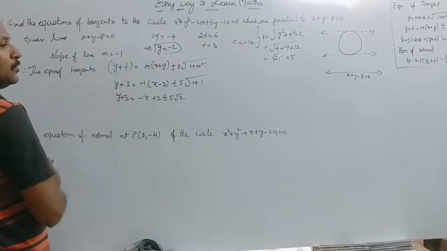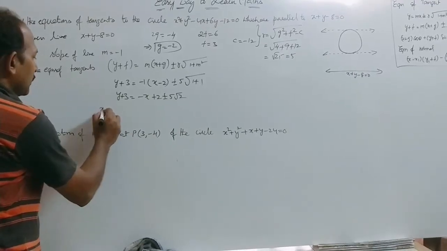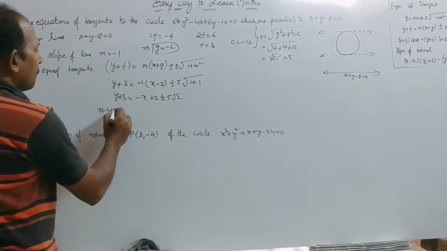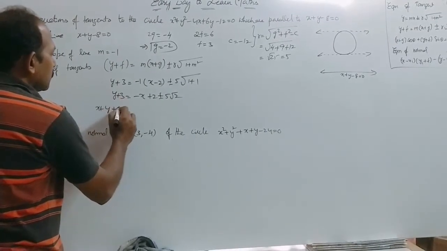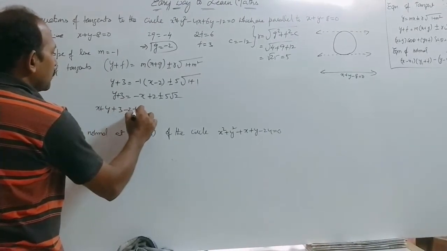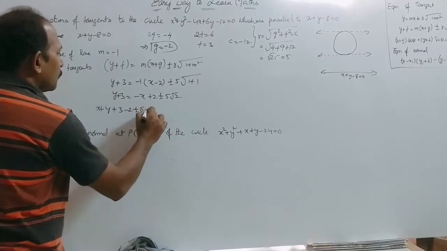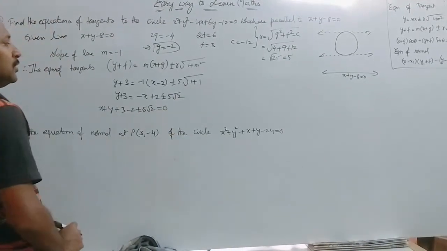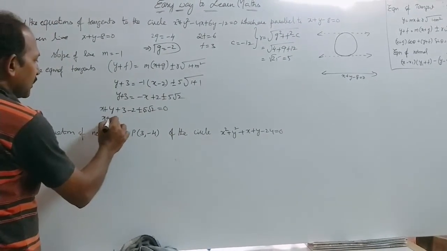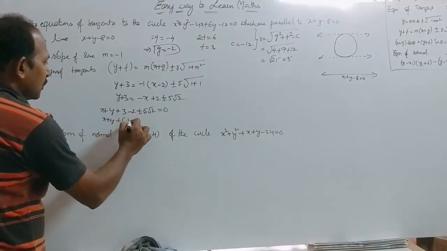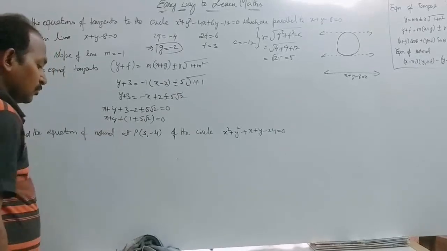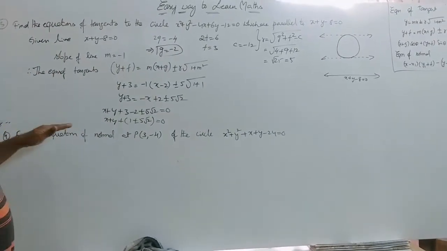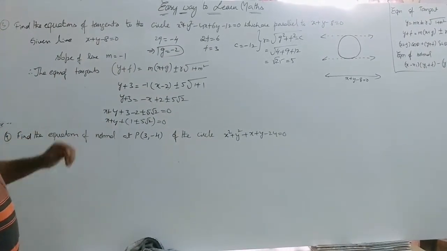Let us shift into LHS. Therefore x plus y plus 3 minus 2 plus or minus 5 root 2 is equal to 0. Therefore x plus y plus 1 plus or minus 5 root 2 is equal to 0, which is the required equation of tangent.